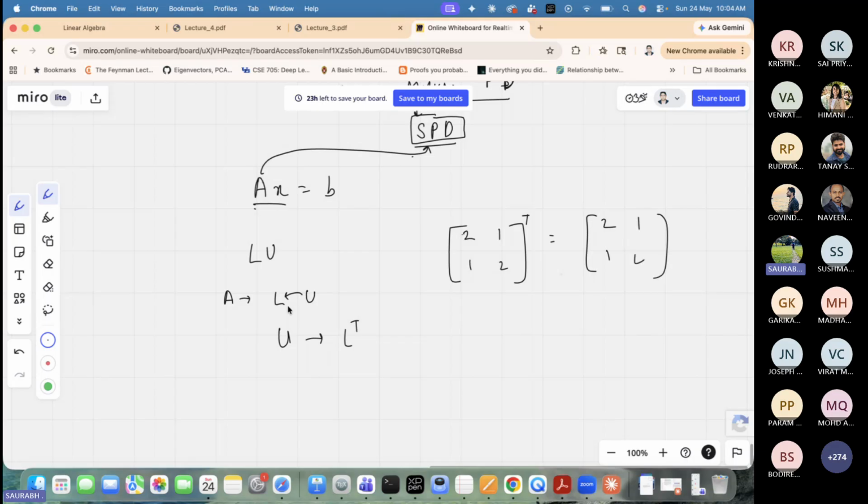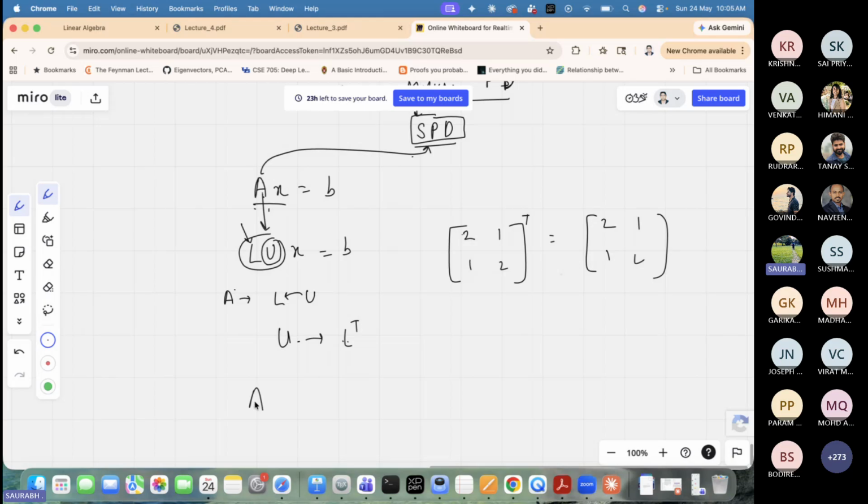So when you have a symmetric positive definite matrix, in LU transformation you are solving LU times x = b. You are breaking A into LU. L is the transformation history, all the values that you use to do elementary row transformations. But when A is a symmetric positive definite matrix, U is nothing but L transpose.